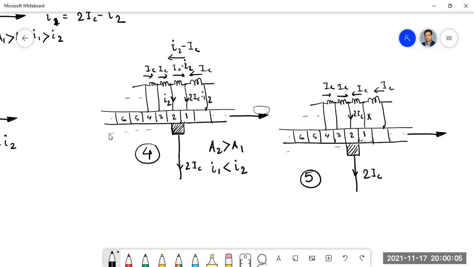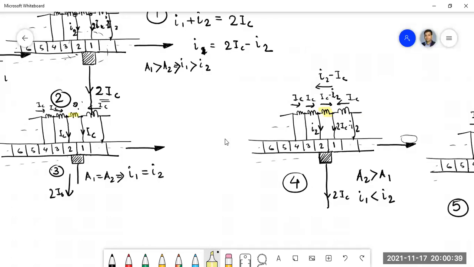Now just observe the current in the coil which is undergoing commutation. Whether the direction has been changed or the direction remains the same. Do you understand what I am saying? Just observe this coil which is undergoing commutation everywhere.